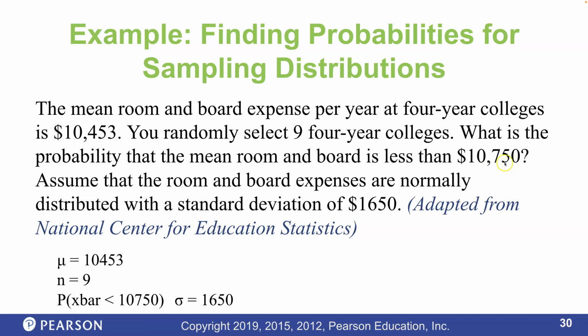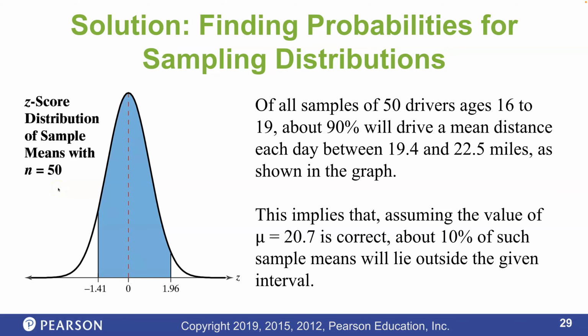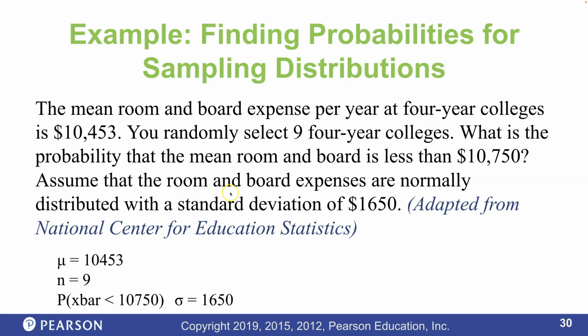Assume that the room and board expenses are normally distributed. Now listen, this part may seem not so important, but absolutely we needed this piece. They didn't need to include this part if the sample size was at least 30. But because the sample size was only 9, we needed to know this to go on with our work. And it says standard deviation of 1650.